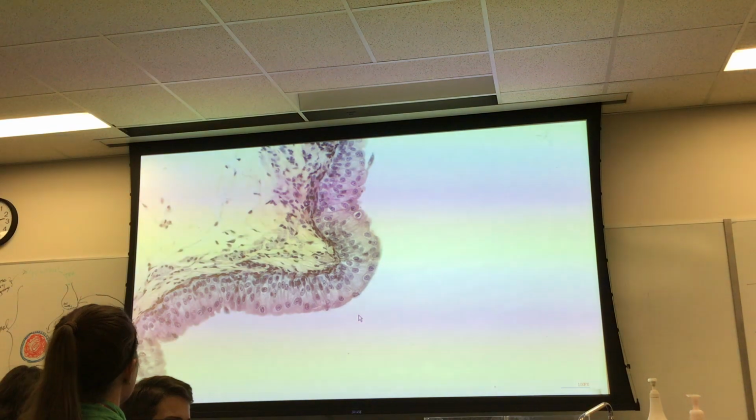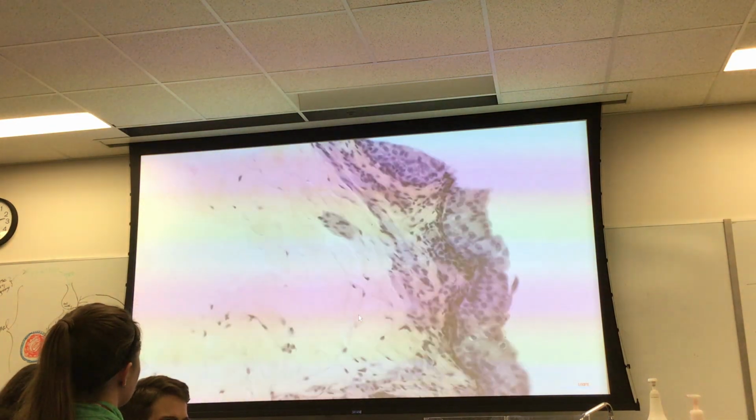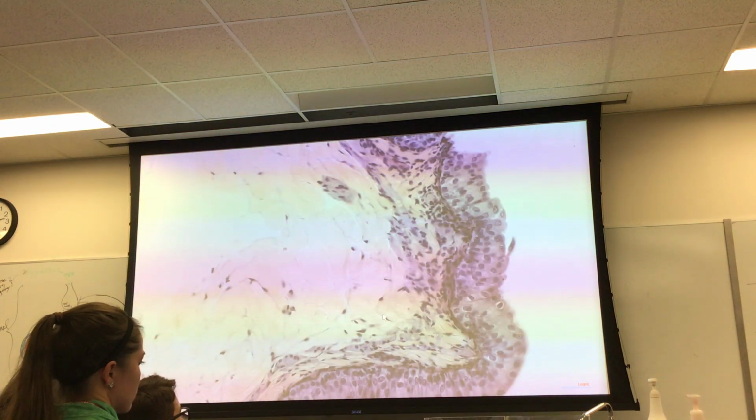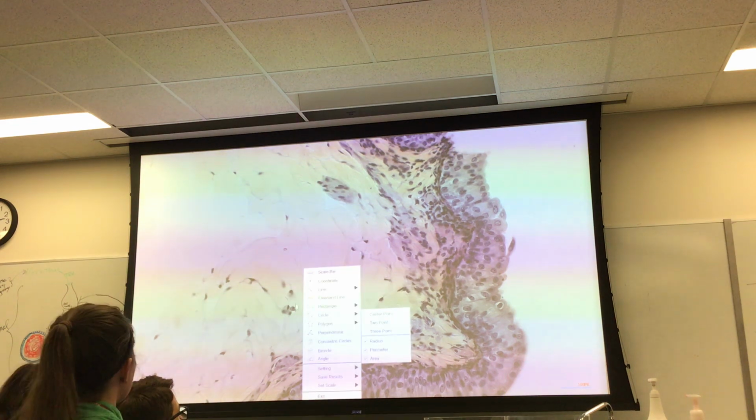Now, as we drop our magnification, as we go down a little deeper, we're going to have this, which we're going to recognize as connective tissue. If we go down a bit further, this connective tissue really opens up. It's pretty reasonable to think of these as two distinct layers.